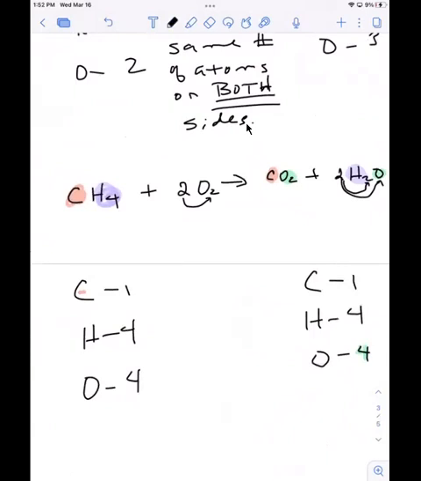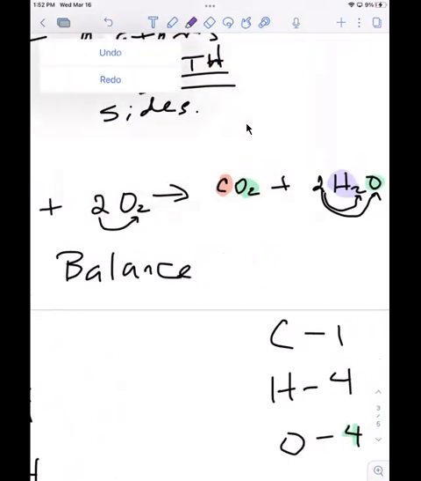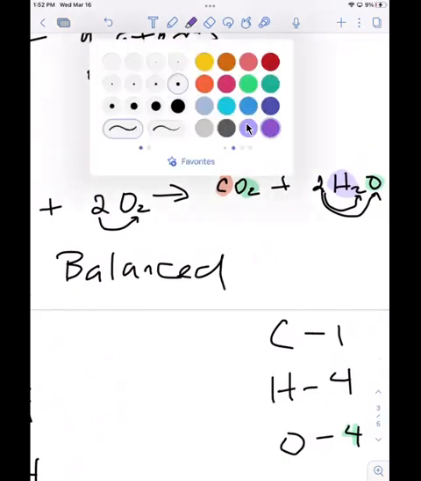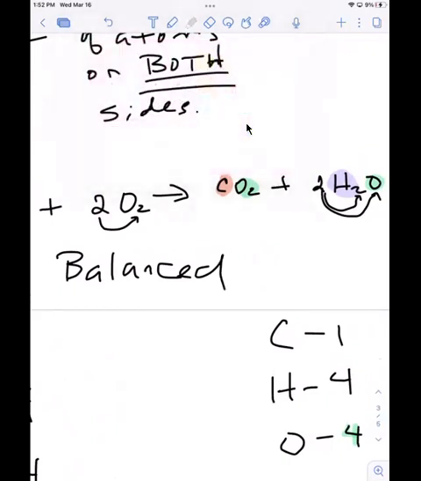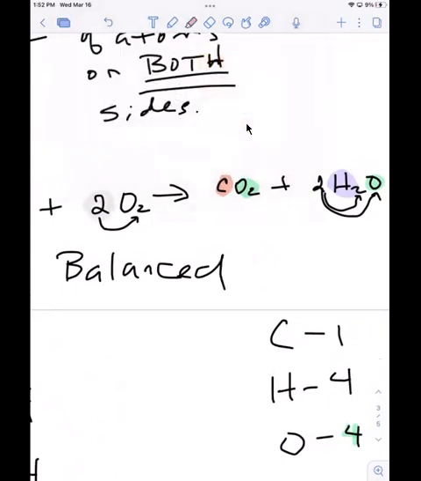So now this is what we call a balanced equation. And the numbers that are in front of those molecules or atoms, I should use a different color than that. It's too close to the carbon. So these numbers right here, these are what we call coefficients.